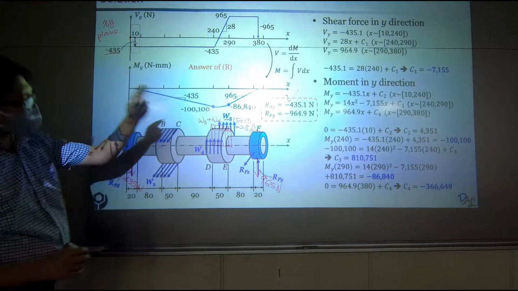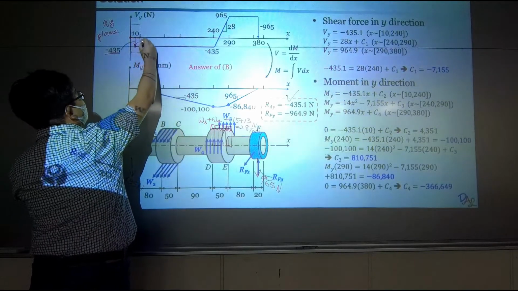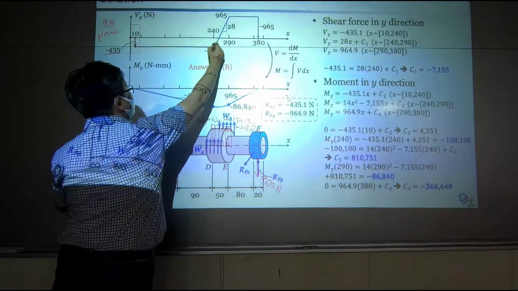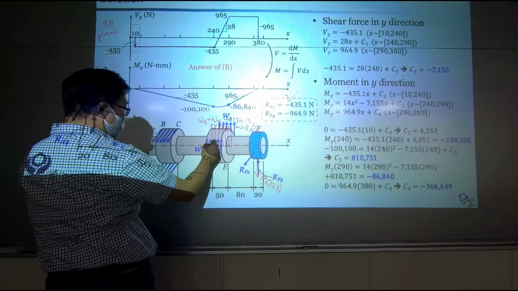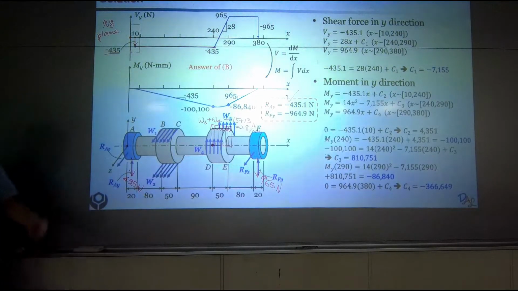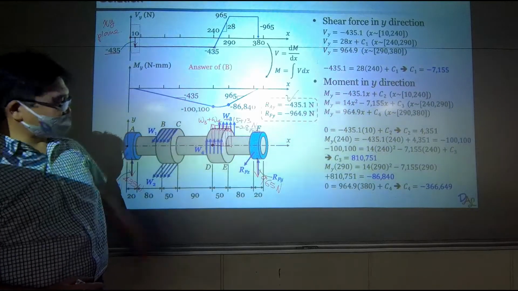So then continue to walk. There's no more force, and you make a straight line until you reach this point. This is where you first see the edge of this distributed load.